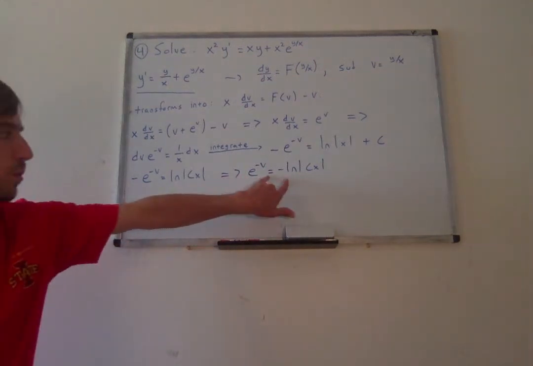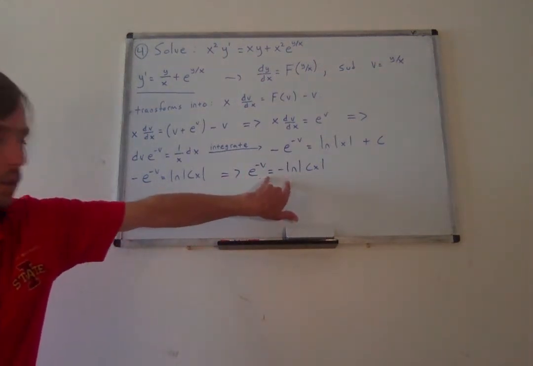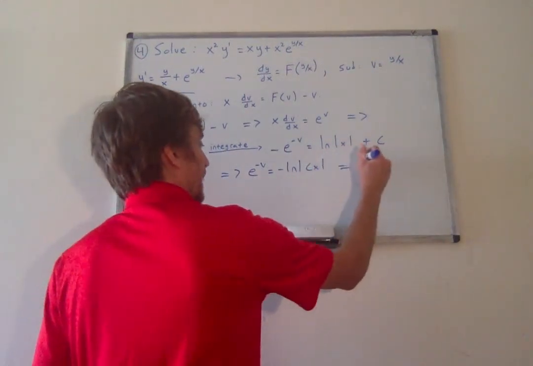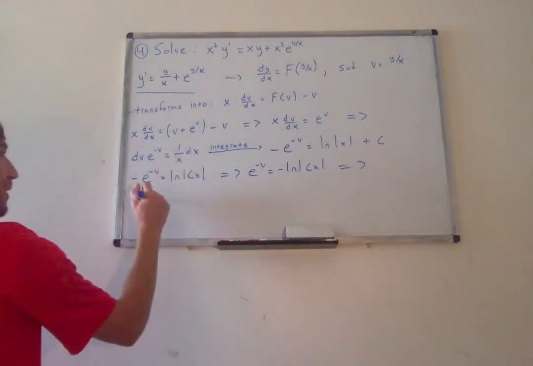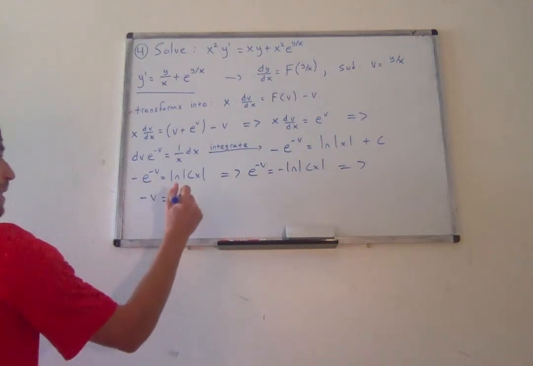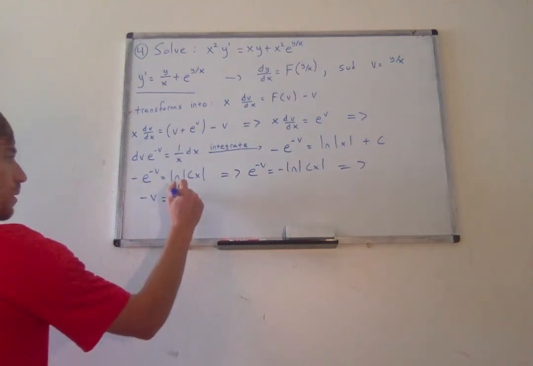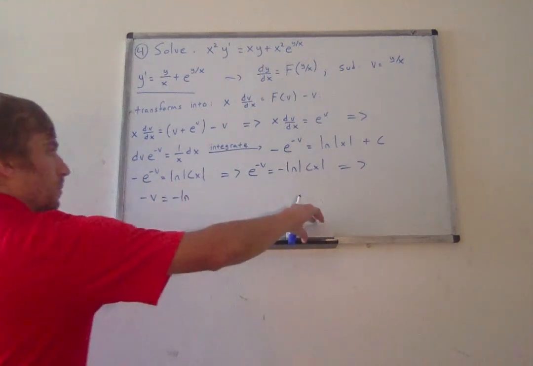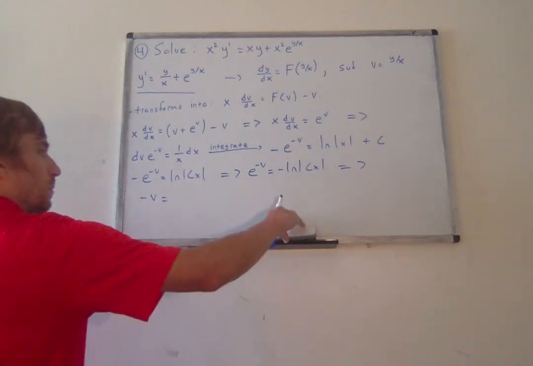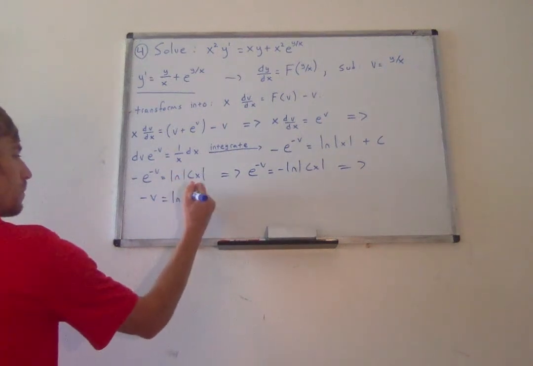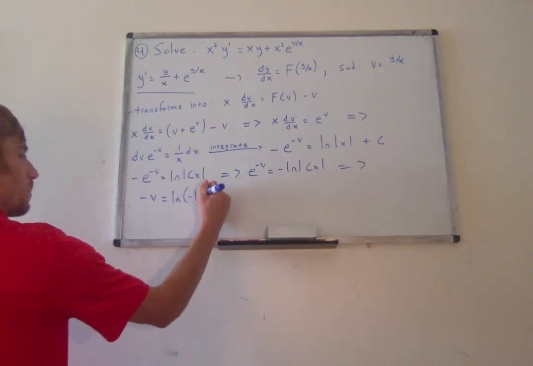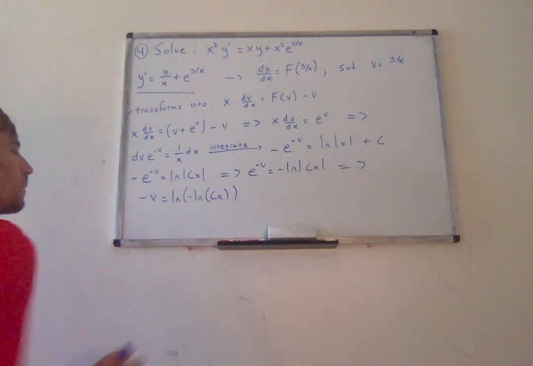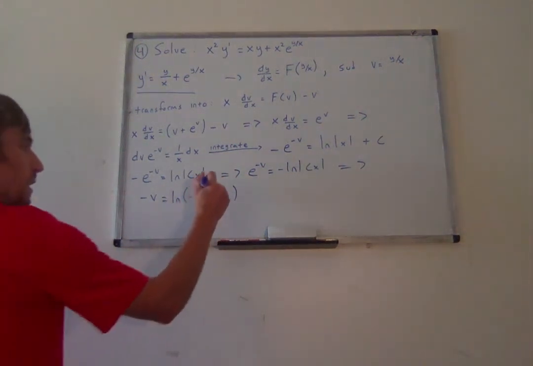And so from this equation, I can now take the natural log again of both sides, so many natural logs, to get that negative v is equal to the negative natural log of c times x.